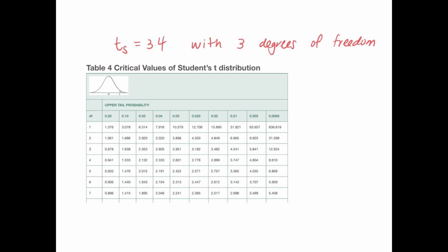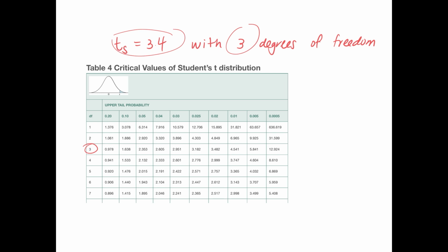Here I've pasted in the t-table. It's just the first few lines of the t-table, but that's all we need because we only have 3 degrees of freedom. So we're looking at the third line, where degrees of freedom is 3. My test statistic is 3.4, so I'm finding where it belongs on this row. It was indeed 3.40, computed exactly that way.